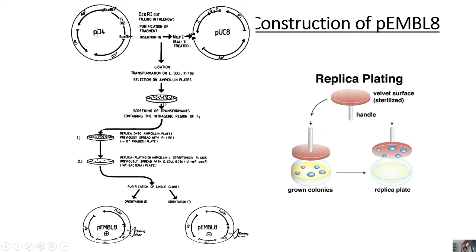So for that, you have to replica plate this colony onto a new plate having medium that's spread with F1 progenies or F1 phages.